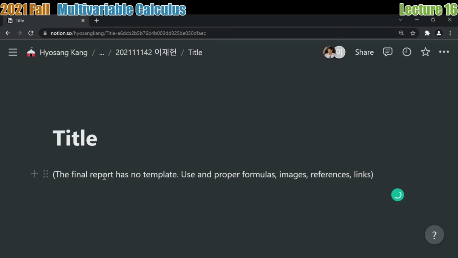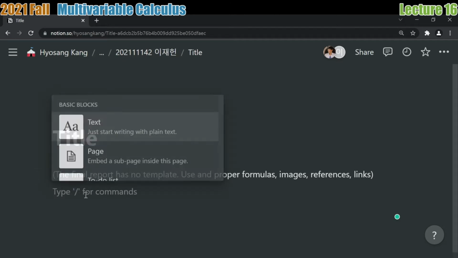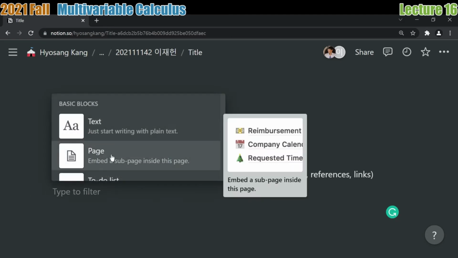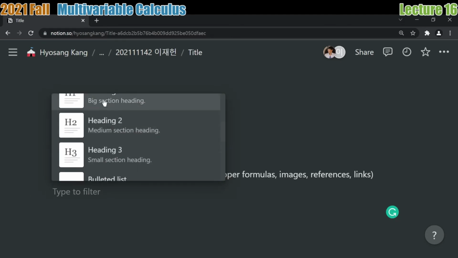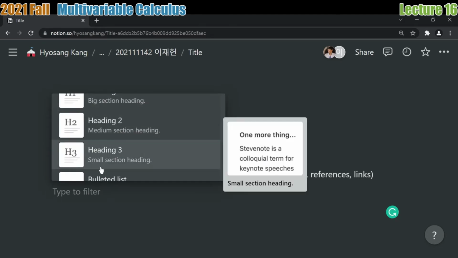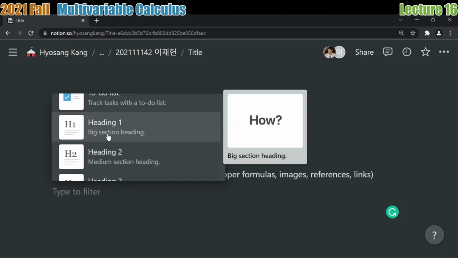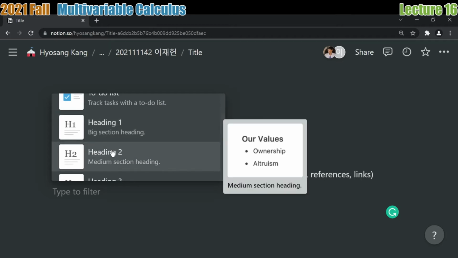But if you just play around for 5 minutes, or at least 1 minute, you can see that there are many decorative options that you can put in your text. For example, you can put a heading 1 as a title or subtitle or sections, and heading 2 as subsections and so on. And also you can change the colors, and you can add images or embed some pages too.